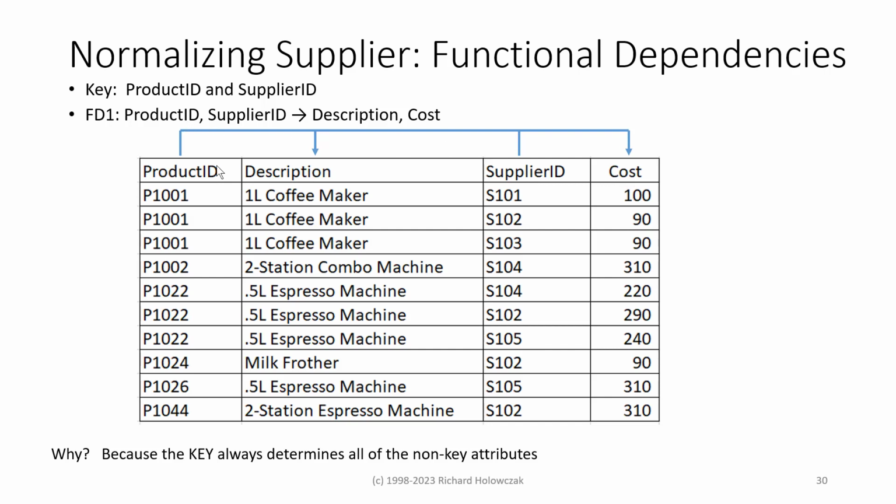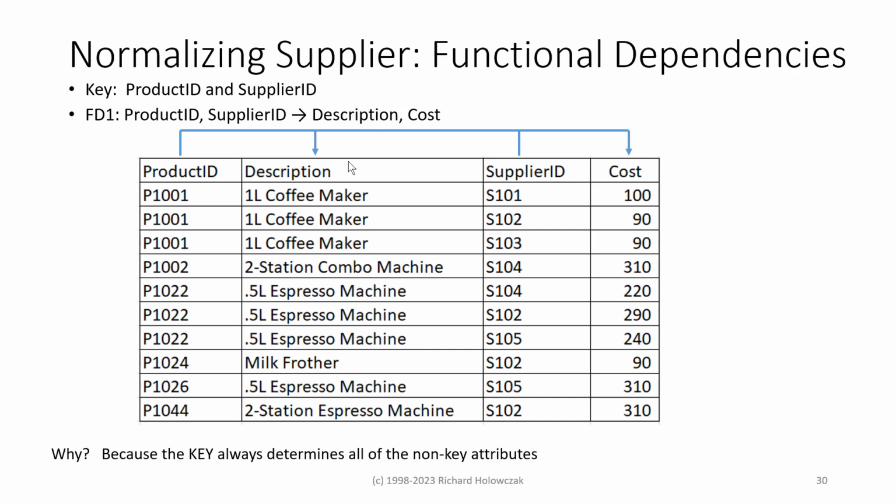So given product ID and supplier ID, we can determine the description and the cost. And we always get that because once we know what the key is, we can determine the non-key attributes. It should be automatic. As soon as you get the key, write it down, put an arrow, and then write out the non-key attributes. But is there another functional dependency?